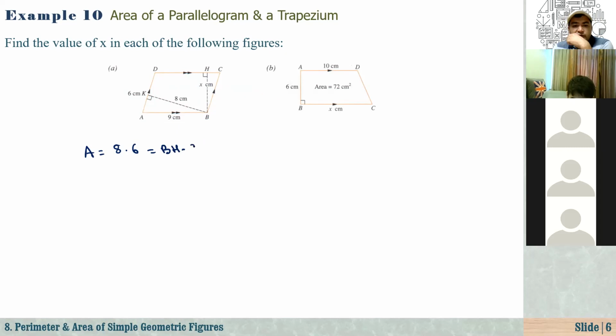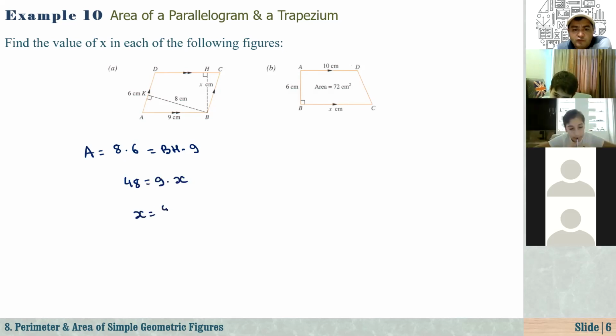DC is equal to 9. 8 times 6 is 48, and 9 times BH is x. So what is x? x is 48 over 9, or 16 over 3 centimeters.